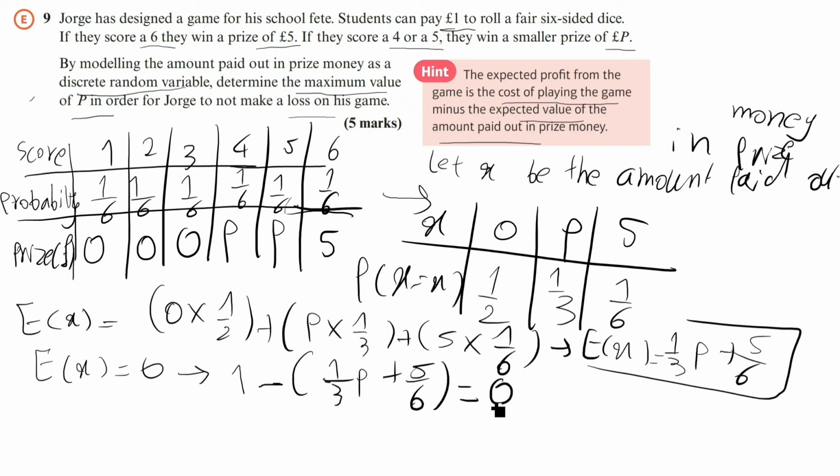This is because this is the expected profit from the game, and here £1 is the cost of playing the game, minus the expected value of the amount paid out in prize money. By using this equation, we get the value of p, which is 0.5 pounds, and this is the maximum value of p that George can choose without making any loss on this game.